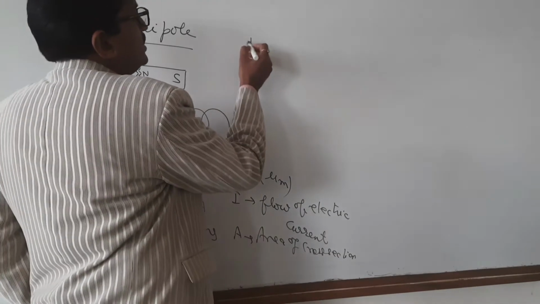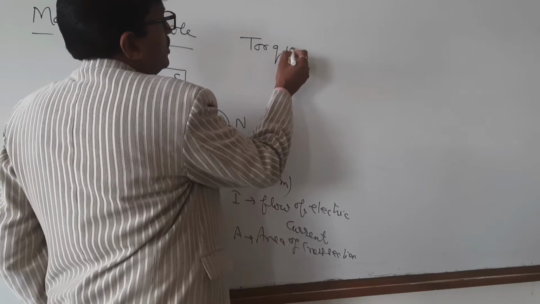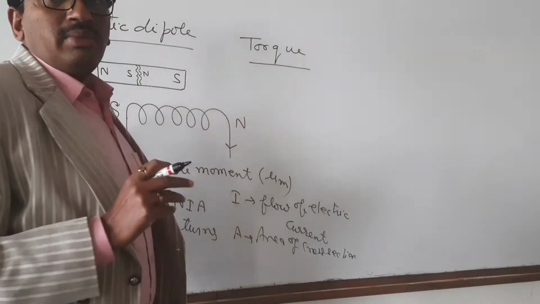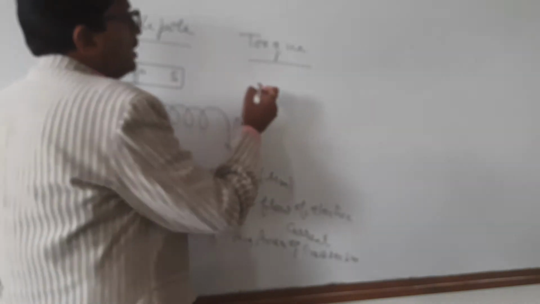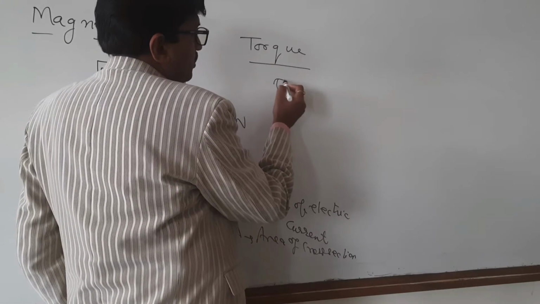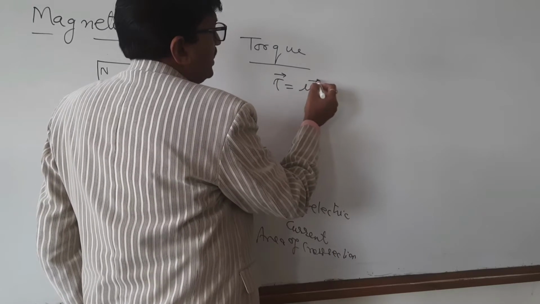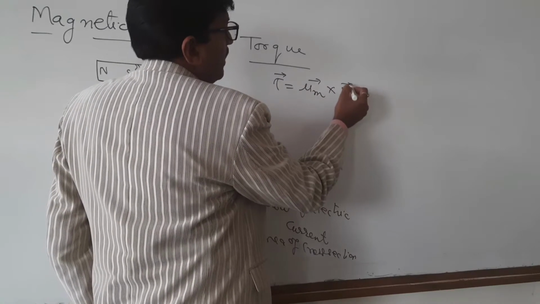The second terminology is torque. When a magnetic dipole is put in a magnetic field, then there is a torque applied on the magnetic dipole, and torque is the cross product of magnetic dipole moment and magnetic field.